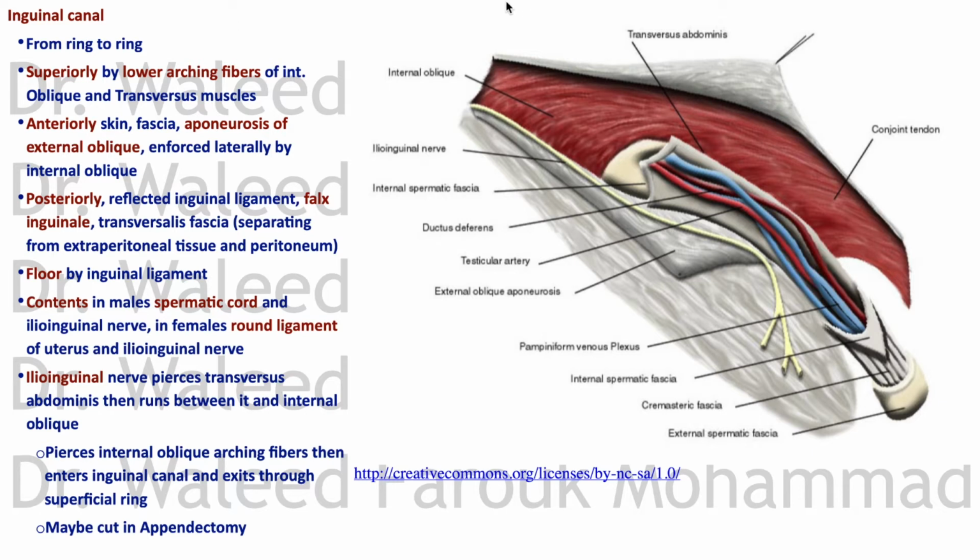Now at the back and the side, the ilioinguinal nerve pierces the transversus abdominis and supplies it, of course, and runs in the neurovascular plane between the internal oblique and the transversus abdominis for a while, and then pierces the lower arching fibers of the internal oblique to become part of the inguinal canal.